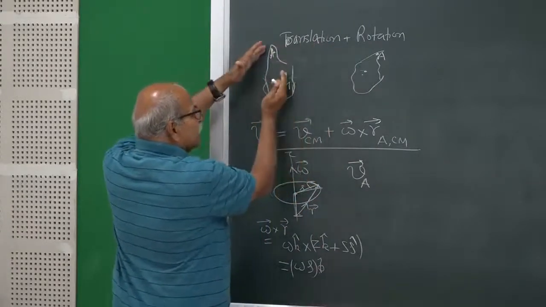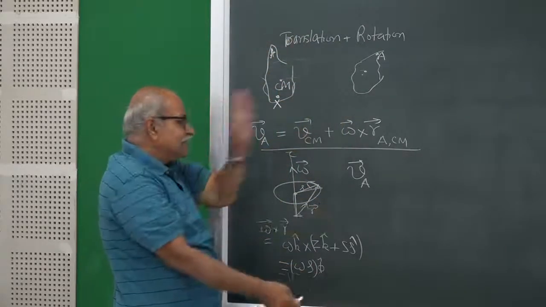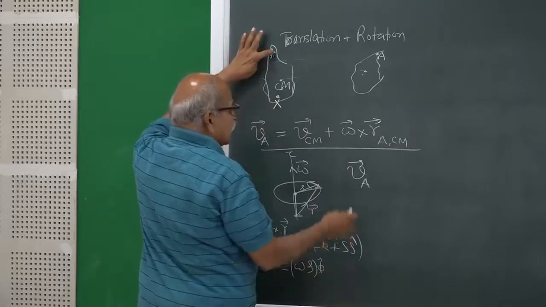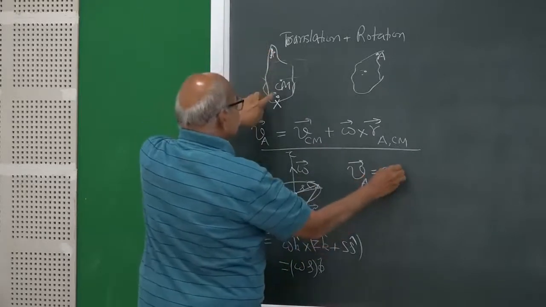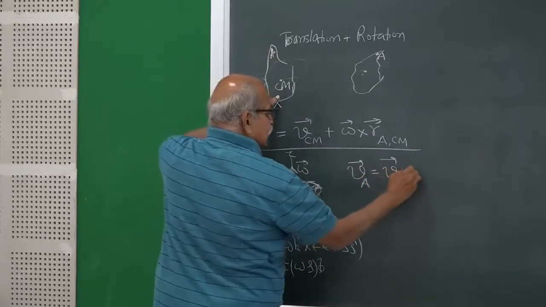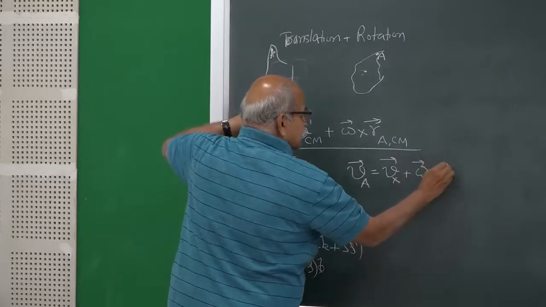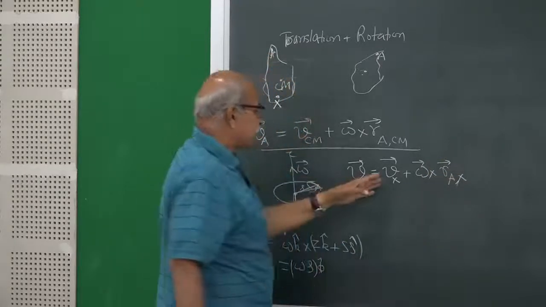At any instant, I am writing the velocity of this particle, and that will be equal to the velocity of this point x plus omega cross the position vector of this particle a with respect to that x.